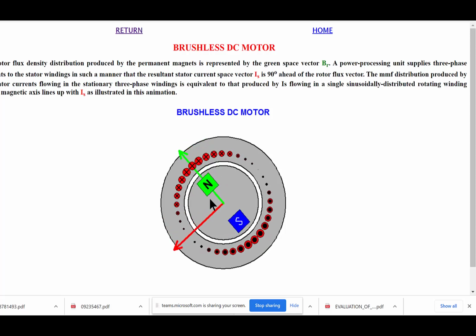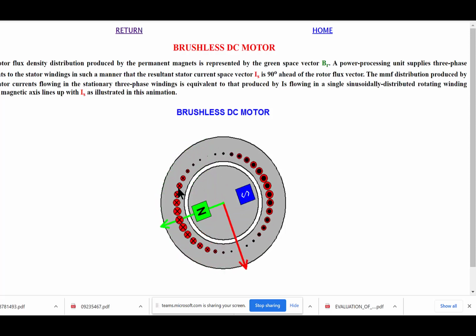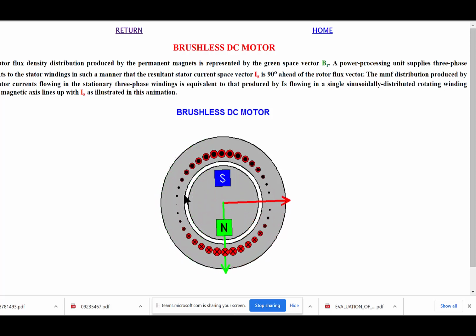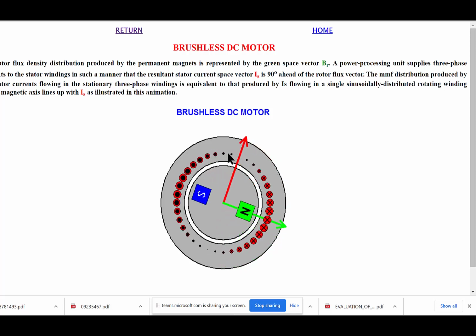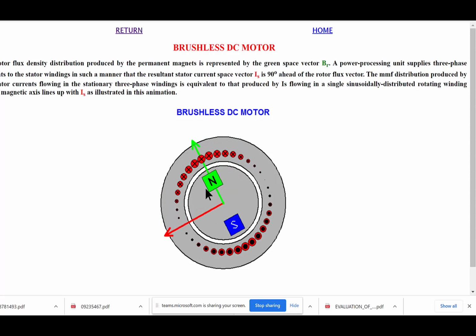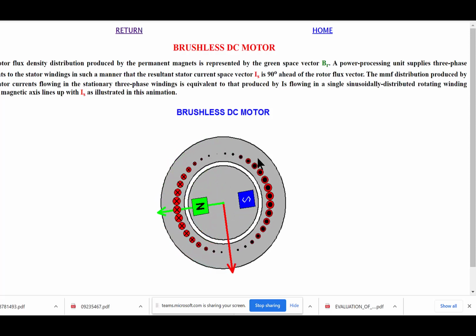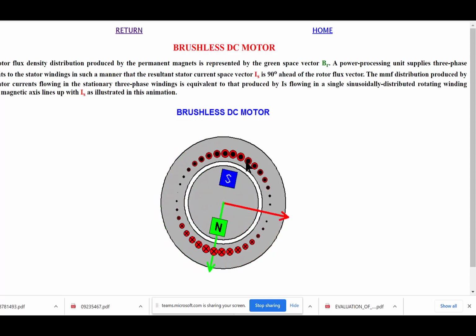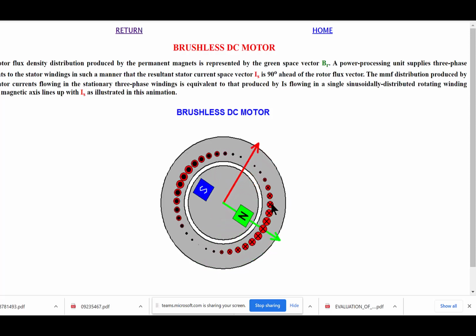The way this works is it uses a power electronic transistor-based commutation that happens on the windings, on the armature, which is on the stator now.